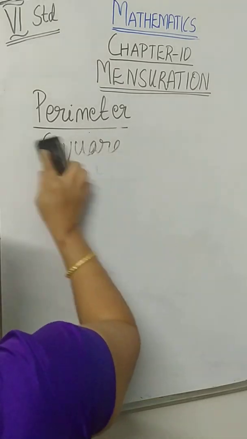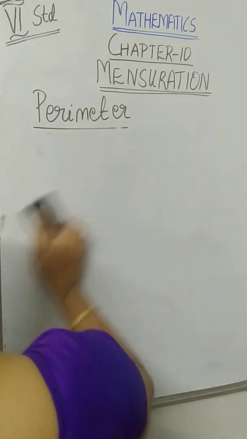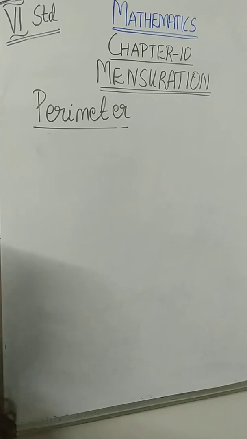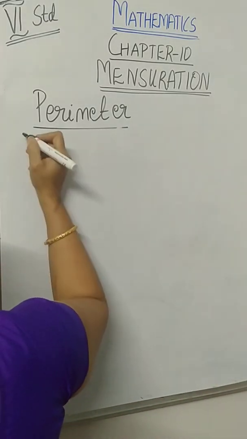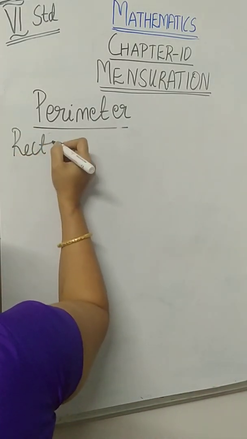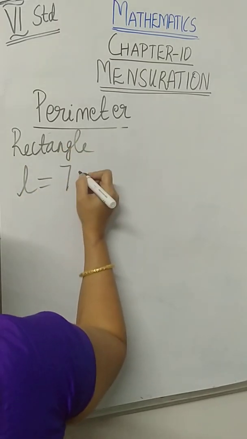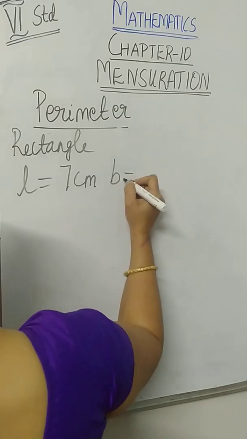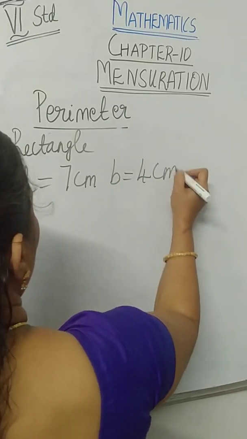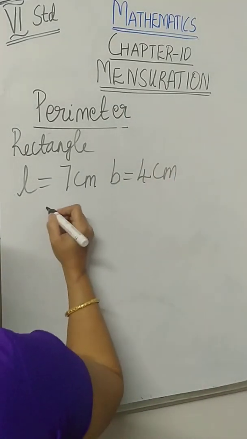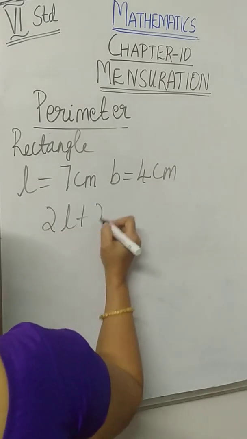I'll give an example. Let us see. What is the perimeter of a rectangle whose length is 7 centimeter and breadth is 4 centimeter? How will you calculate? What is the formula for it? 2L plus 2B.